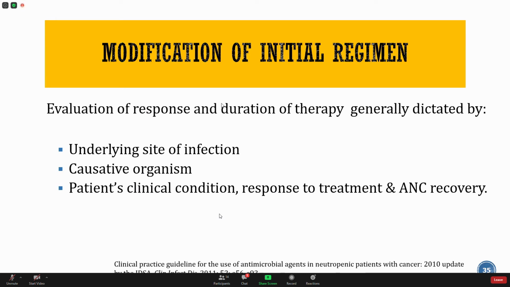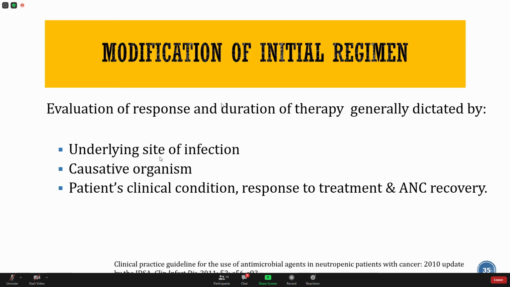Basically, we give empirical antibiotics for at least 48 to 72 hours and check the cultures. If there is no documented infection, we de-escalate the antibiotics. We stop amikacin and vancomycin if there is no documented infection. If there is a causative organism, we treat that.